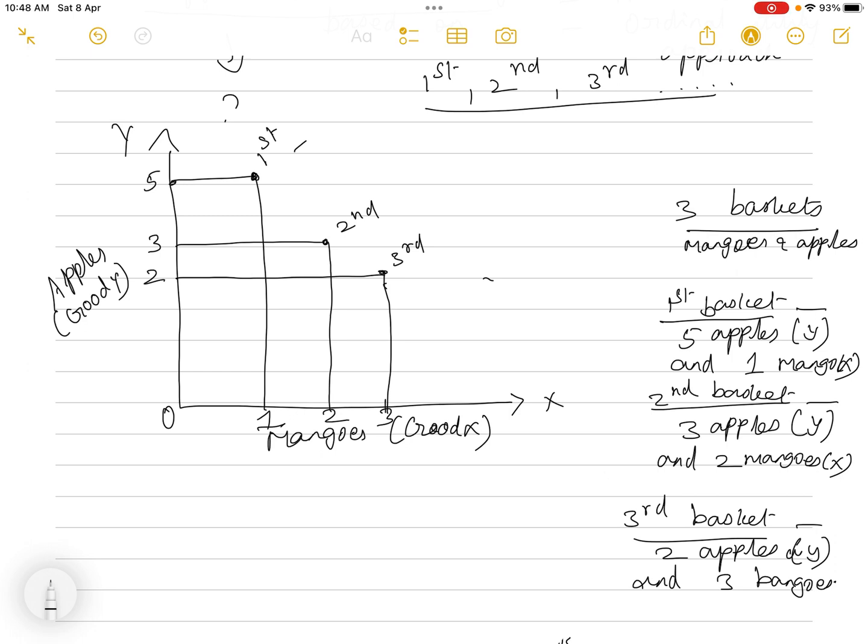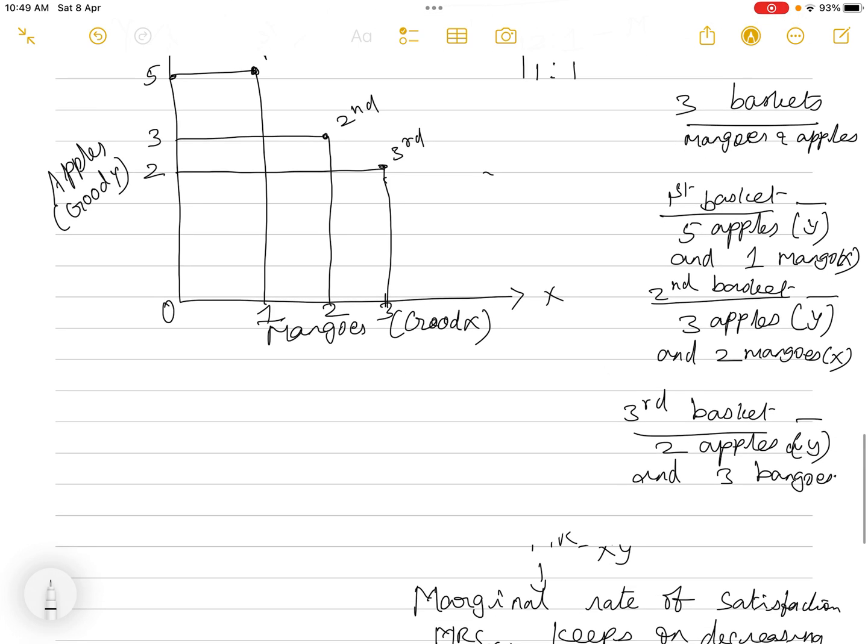So what is happening here? Initially the consumer is willing to sacrifice 2 units of commodity Y, 2 apples, in order to gain 1 mango. But later he is willing to sacrifice only 1 apple to gain 1 more unit of mango. What he is doing is substituting mangoes for apples, and to substitute, he has to give up certain units of apples.